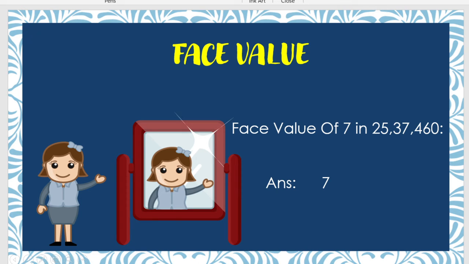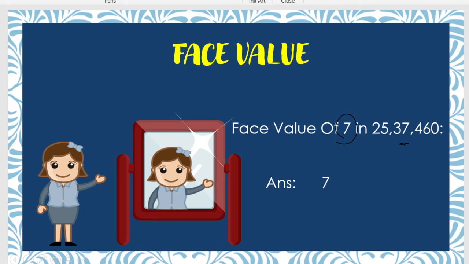Face value, same question. What is the face value of 7? Yes, face value of 7 is 7 itself. Your face resembles you. That's why the number 7's face resembles number 7. This girl is looking in the mirror. What will she see? Her face itself.